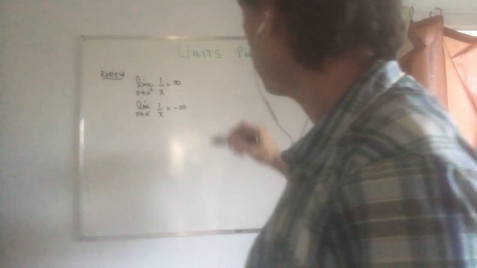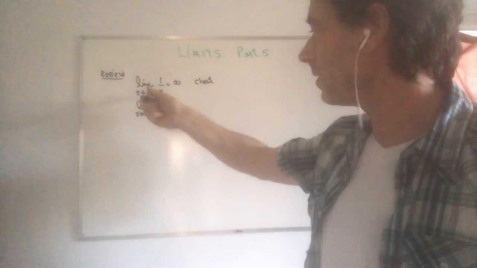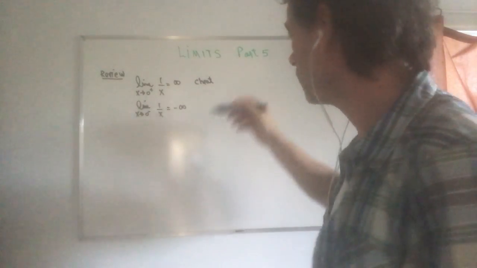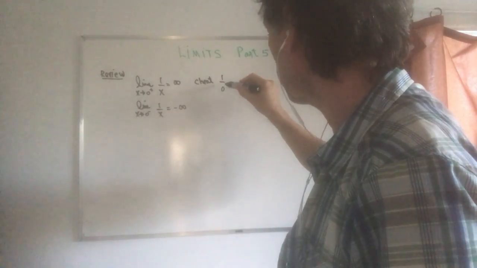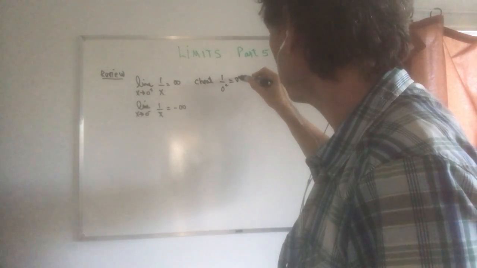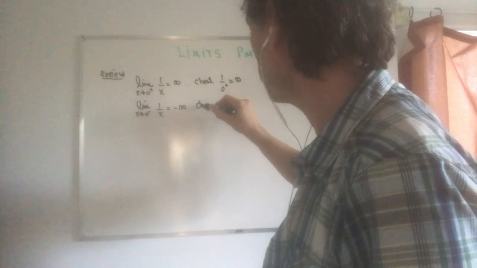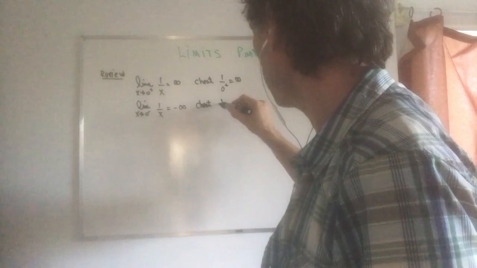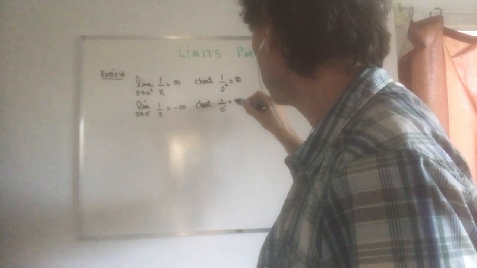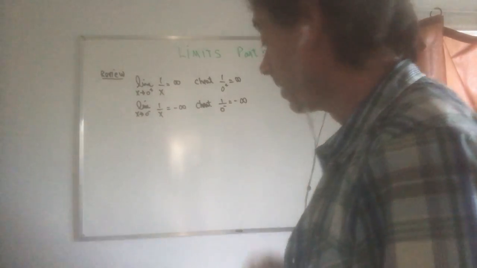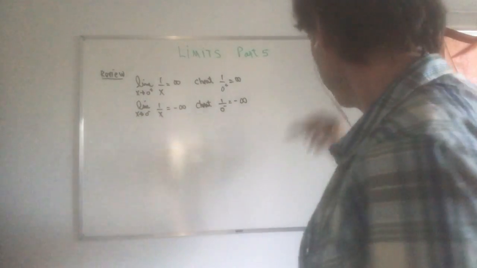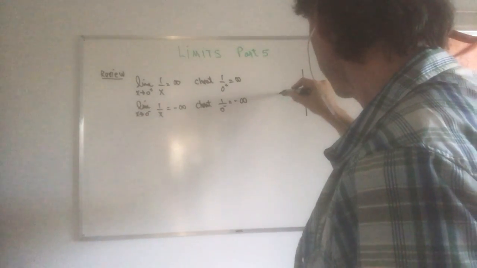From that, we got that if we cheat into this limit, that is, if we replace 0 into the function, we get that 1 over 0 plus is the same thing as infinity. And if we cheat on this one as well, 1 over 0 minus, that is the same thing as minus infinity. You may remember why.